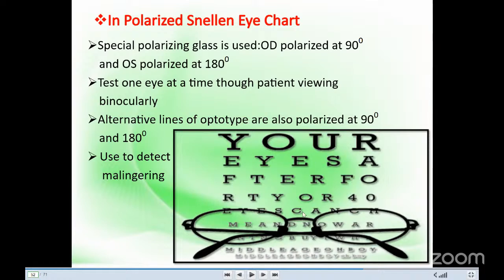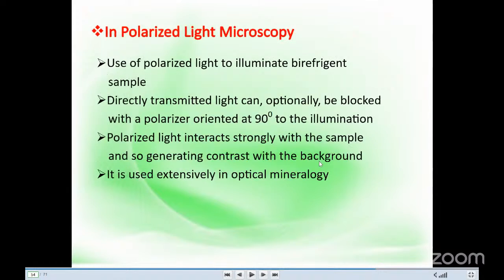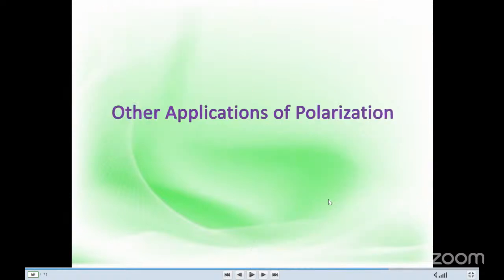So Snellen eye chart. Special polarizing glass may be used here. Here OD is polarized at 90 degrees and OS is polarized at 180 degrees. Test one eye at a time through patient viewing by binocular. Alternating lines of optotype are also polarized at 90 and 180, and used to detect melanin. Mineral concentration. So this is the case. Other applications.